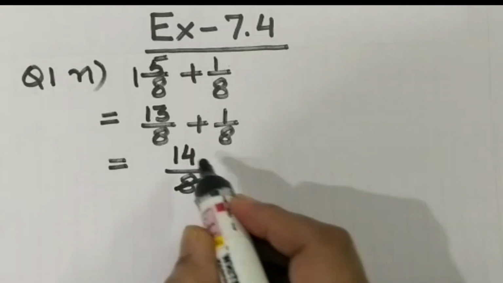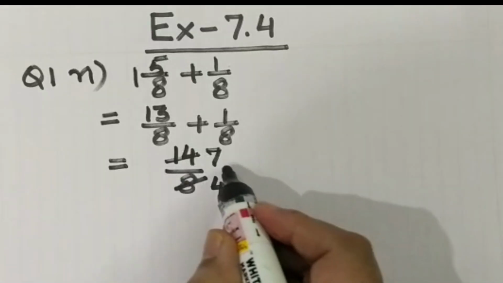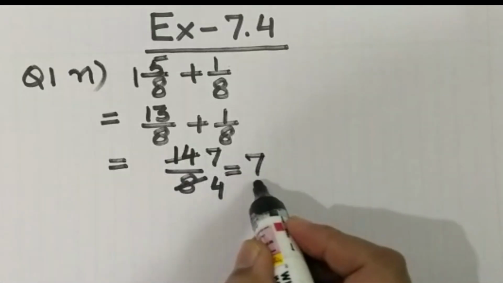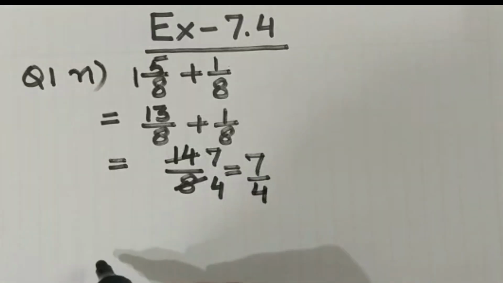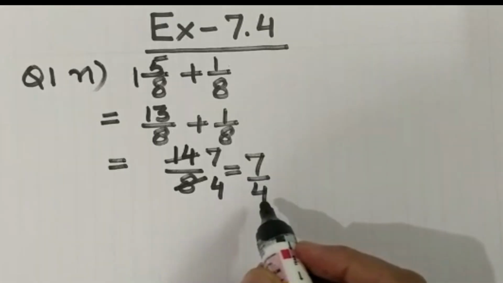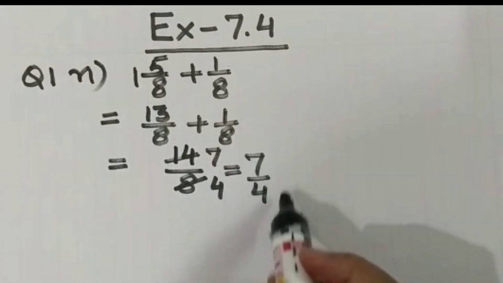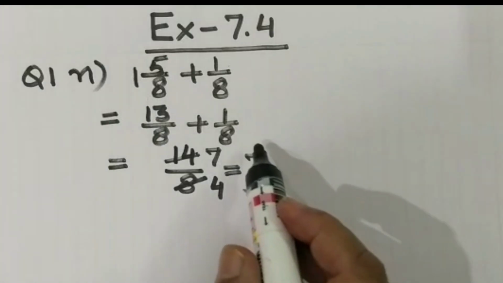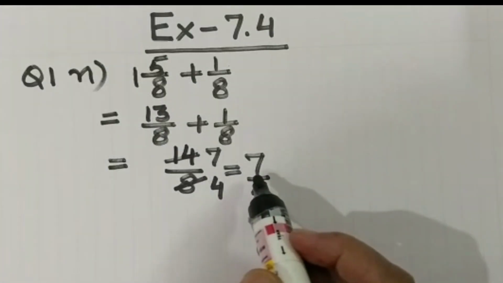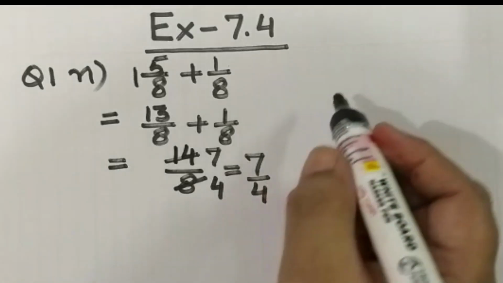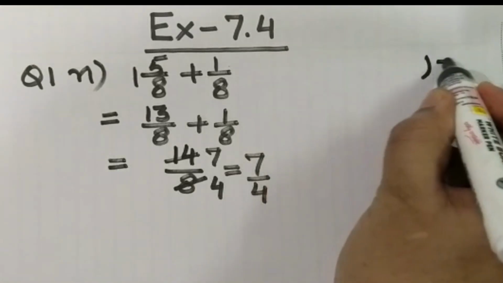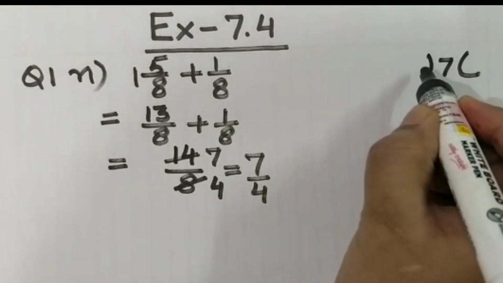For 14 and 8, see, they are multiples of 2. 2 times 4 and 2 times 7. So the lowest term is 7 upon 4. Now we convert it into a mixed fraction because the question is in mixed fraction, so we have to give the answer also as a mixed fraction. Here the numerator is greater, so see how we can convert it into a mixed fraction.